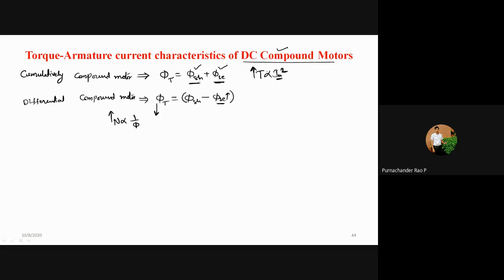Compared to shunt motors, compound motors will also have more starting torque, because the flux produced by the shunt field winding and the flux produced by the series field winding add to each other, aiding each other. Therefore, your net flux will be very high and the torque developed is also high. So cumulative compound motors can also be used where high starting torque is required.